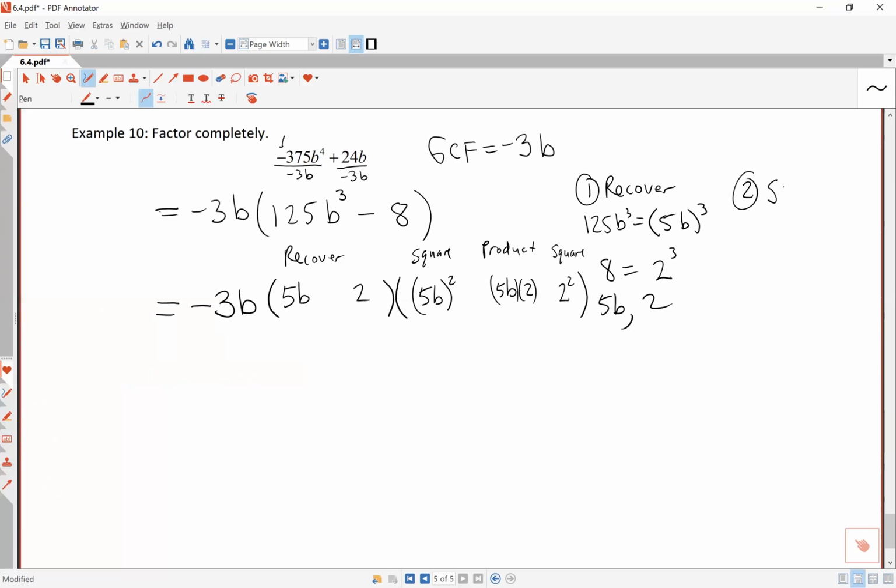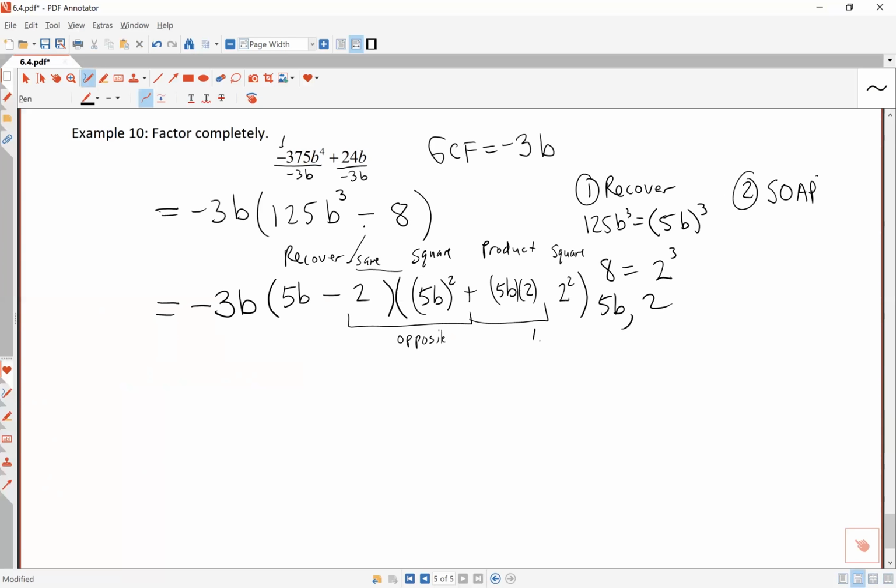Step 2, we place the signs in there according to the acronym SOAP. Same sign. So we started with a minus. We've got the same sign, minus. Opposite sign, plus.